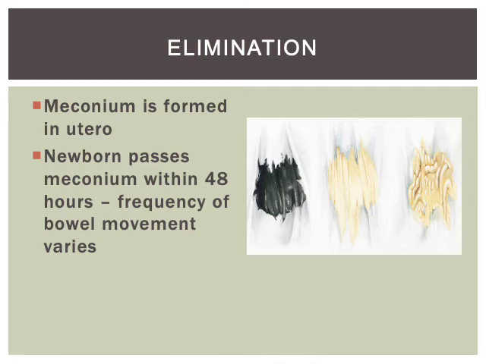Then the last stool in the picture is formula. When a baby is fed cow's milk formula, the stool is usually pale yellow, formed and pasty. So those are the variations between the stools of these newborns.